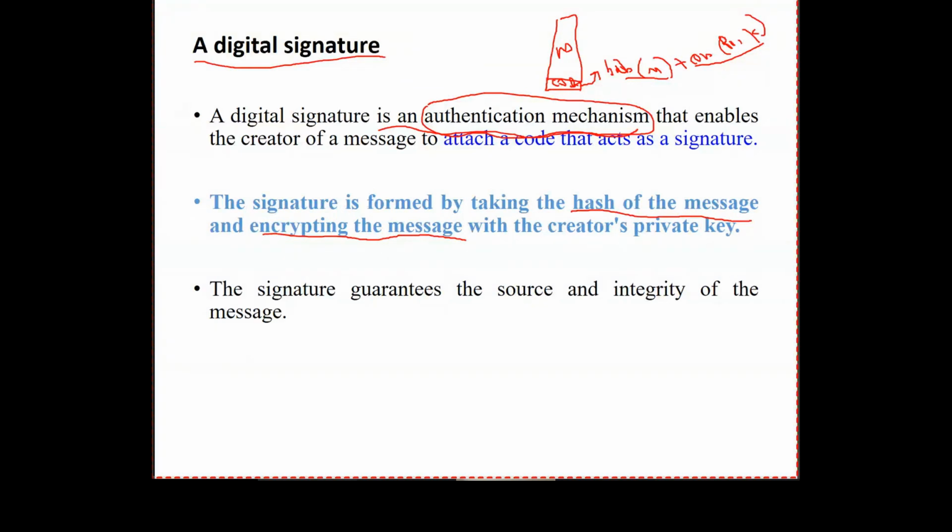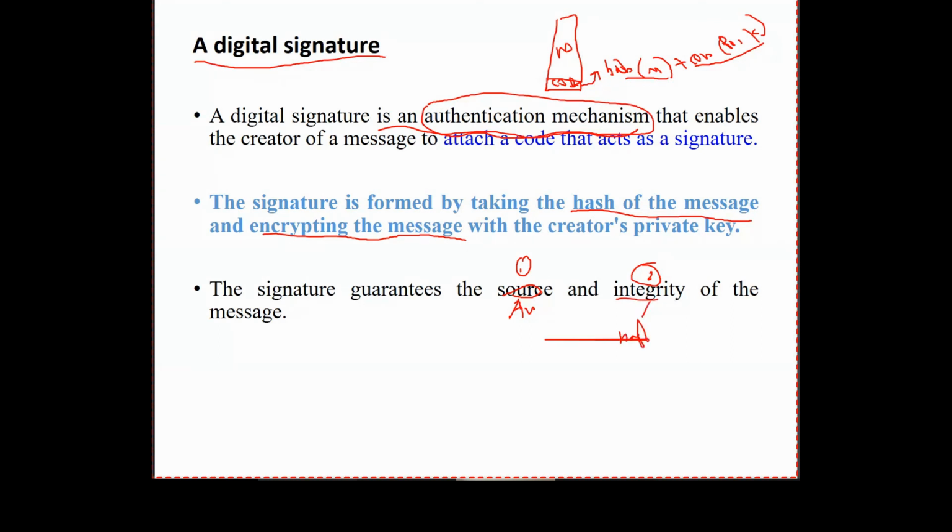Now the digital signature guarantees the source. This is the first thing, and the integrity of the message. Because we have the digital signature, we have authentication that verifies the source of the message is accurate, and because we have the hash function, we make sure that the message is not changed.